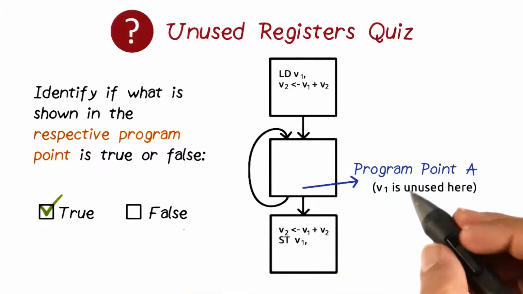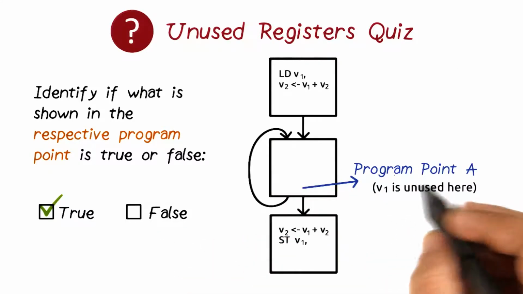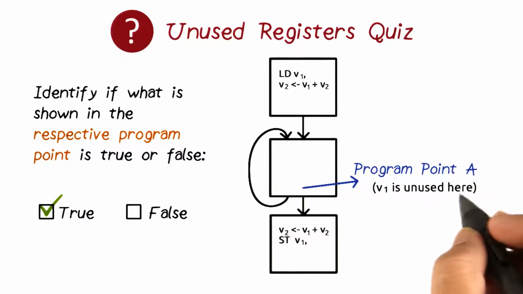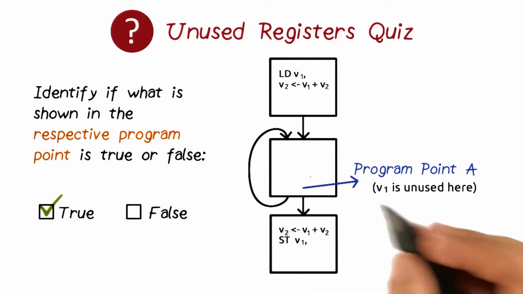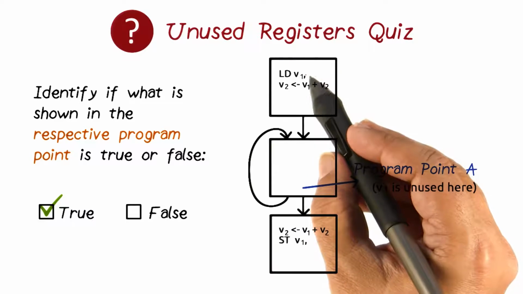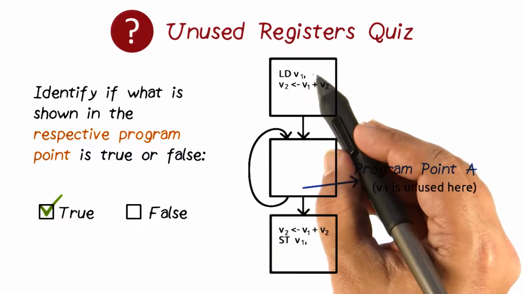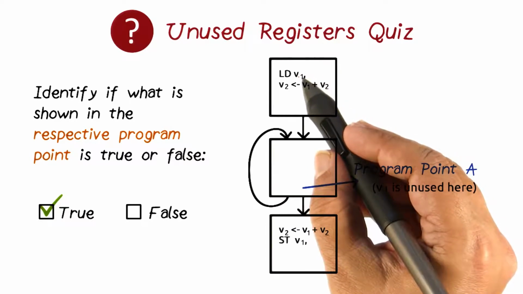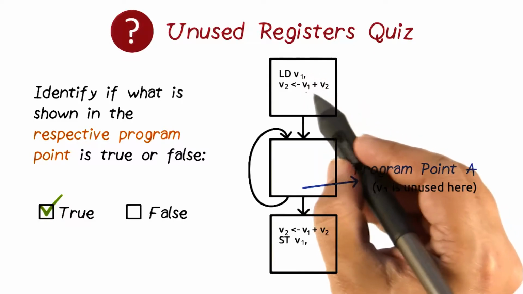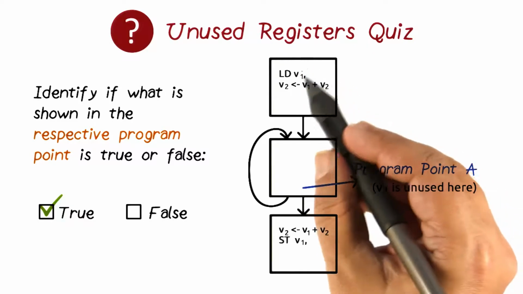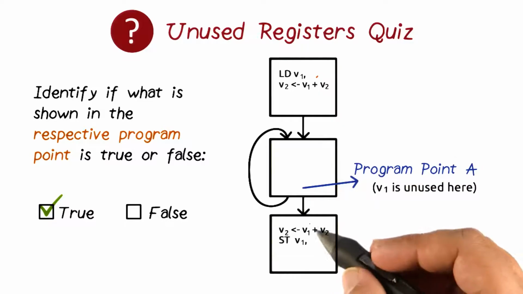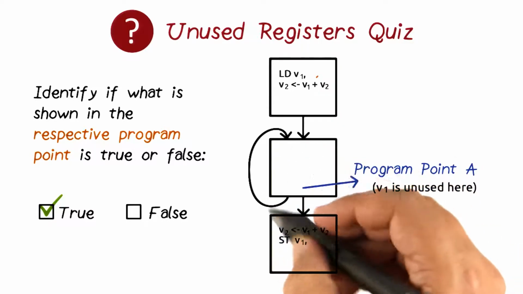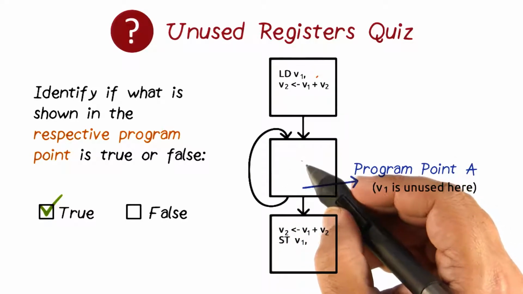And the correct answer in this case is that at program point A, V1 is indeed an unused register. Let us see why. Let's look at what is going on with V1 here. We are loading a new value into V1 through this load. We are using this value over here, so there is a use of V1 in this place. Now we enter this loop and execute this loop many times.